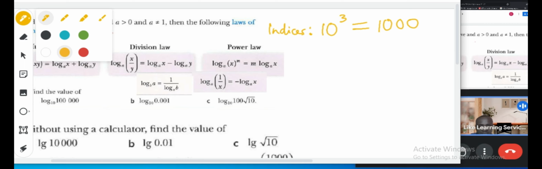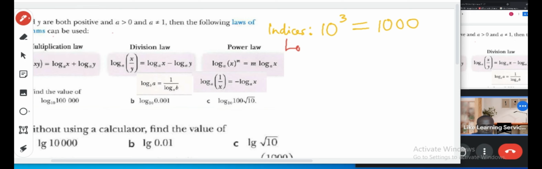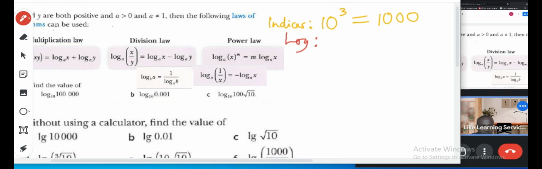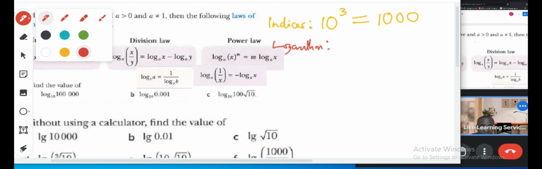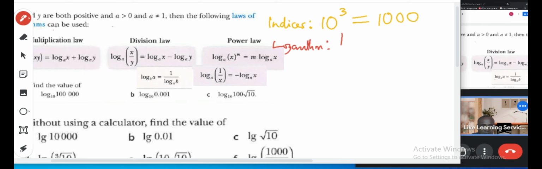So I've written it in indices form. I'm going to write it in logarithm form. This is log form, or logarithm in full. So we say log of 1000 in base 10 is equal to 3.